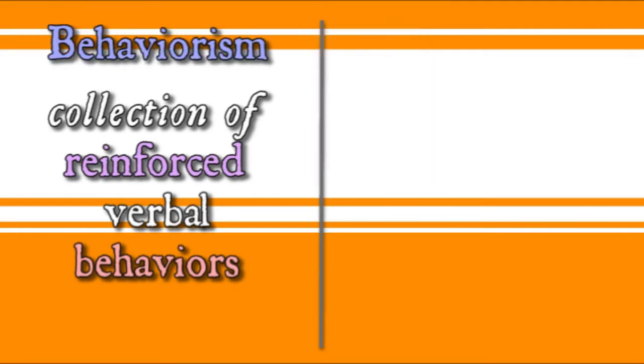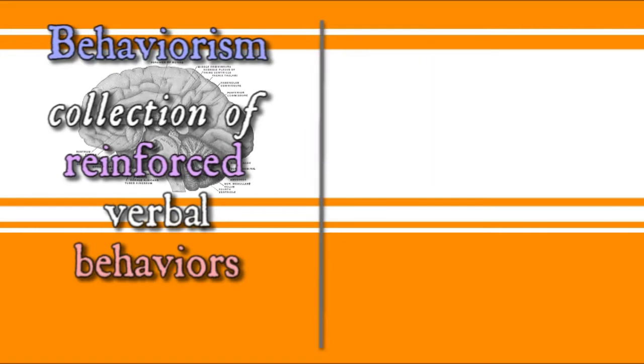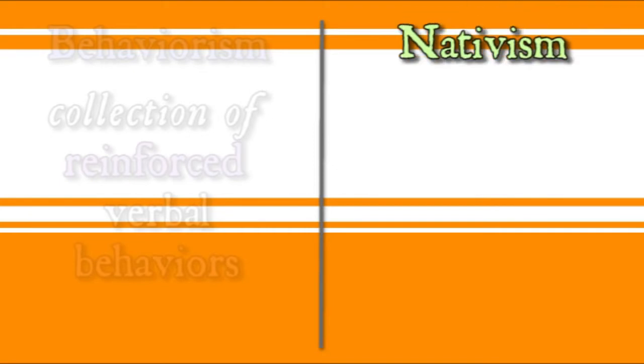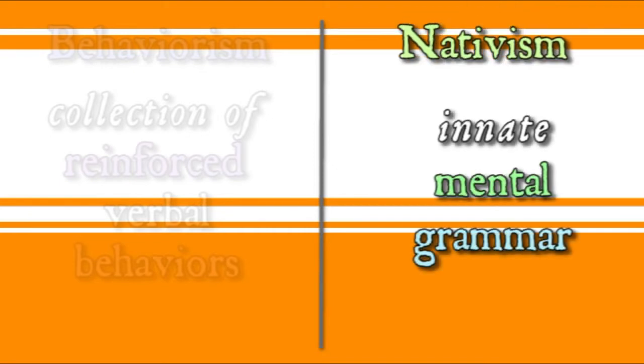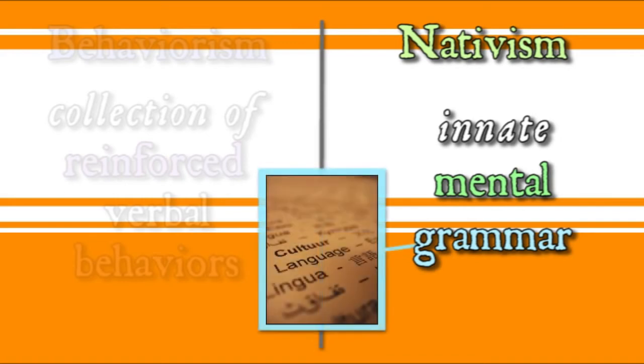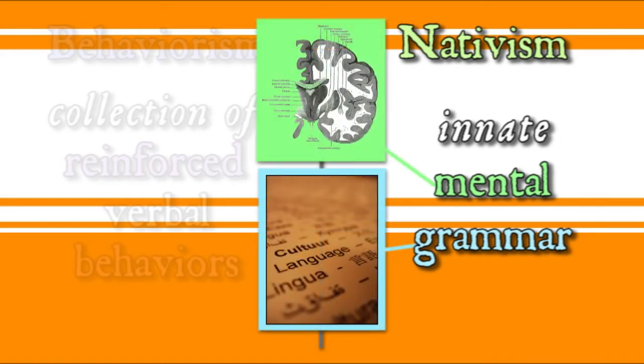This is a perspective called behaviorism, and it places the brain in a background role. Model number 2 is a very popular linguistic model of language, known as nativism. It holds that language is an innate mental faculty. Grammar isn't just a linguistic concept anymore, it's actually born into every healthy human brain.